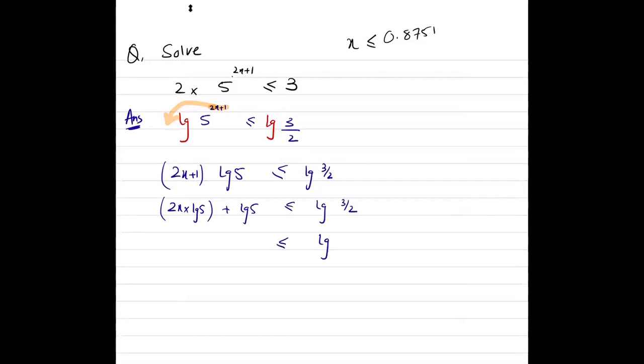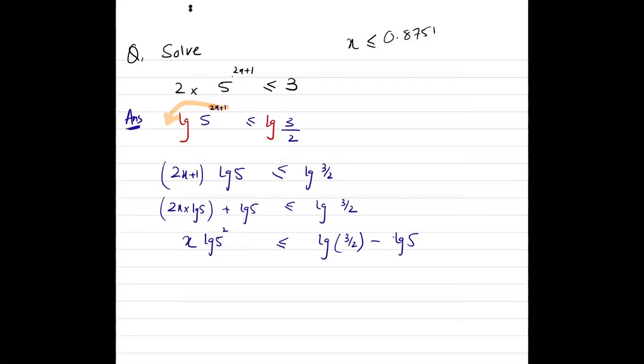I can write this as LG 3 upon 2 minus LG5, and over here I can write this as LG5 square times x. 2 times x times LG5 can be written as LG5 square times x. Oh, so that's where I went wrong.